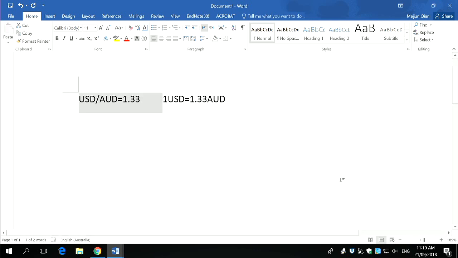Now, this is just mathematically. Some students claim that if this is the value we know on the market, that $1 equals 1.3, then it should mean this. I keep having students arguing with me.